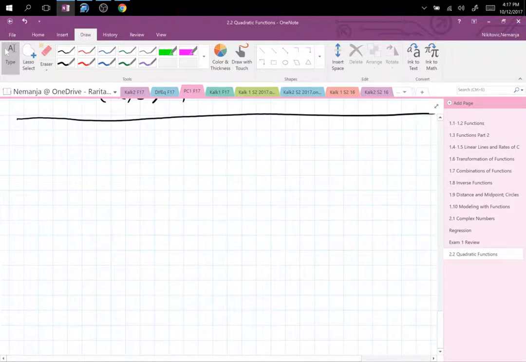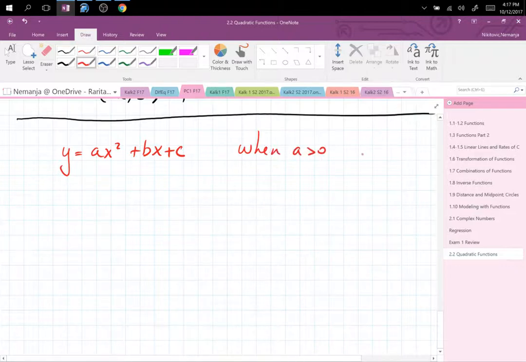So now I'm going to write here again y equals ax squared plus bx plus c, and then say when a is positive, the graph opens up. When a is negative, the graph opens down.